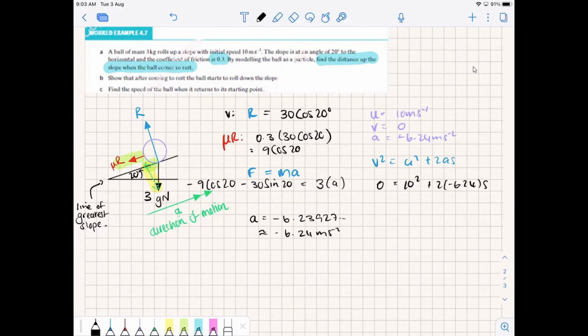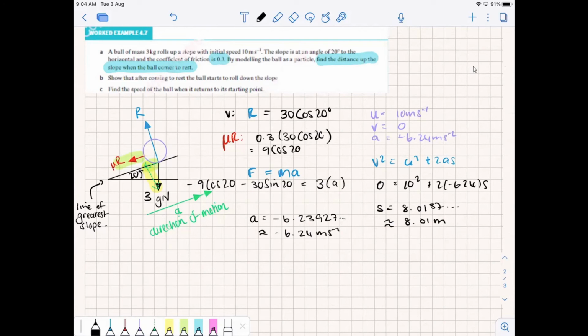So you take 100 divided by, push the answer button on your calculator, and that should give you a displacement of 8.0137 and so on, which we can round to 3 significant places: 8.01 meters. And I'm going to store that in my calculator as well, because this is a multi-part question and I know I'm going to need it just now. Okay, now we're going to get to the second part.